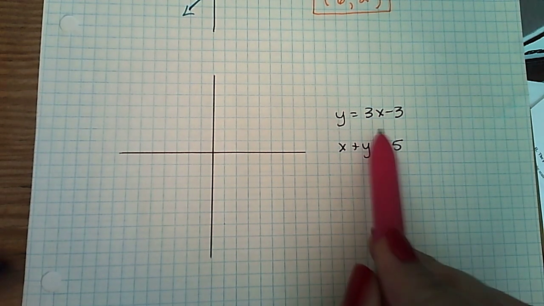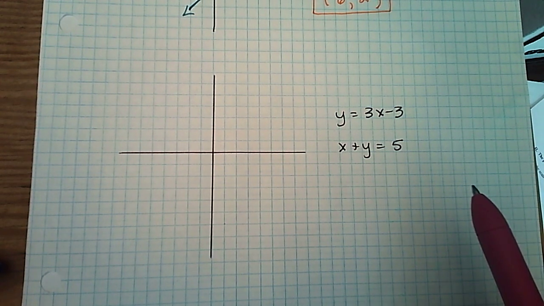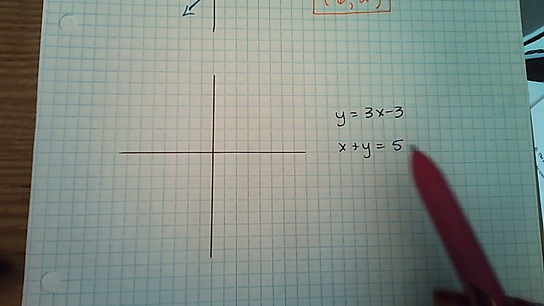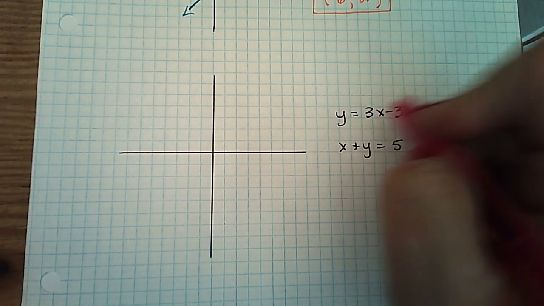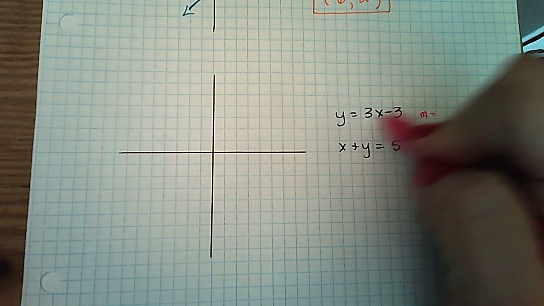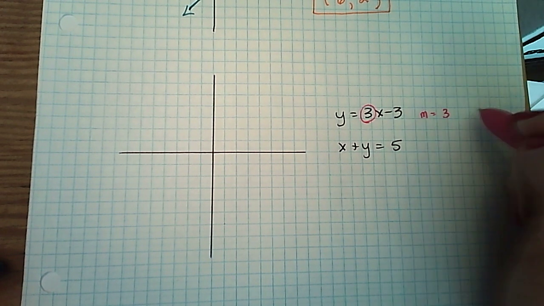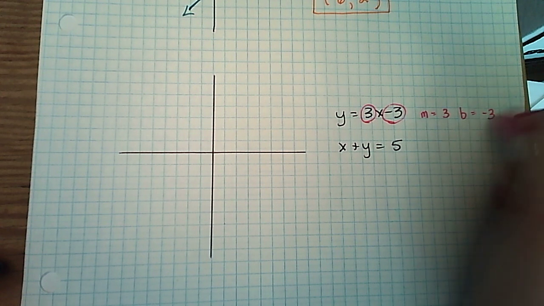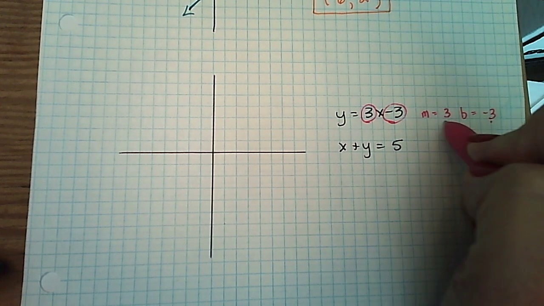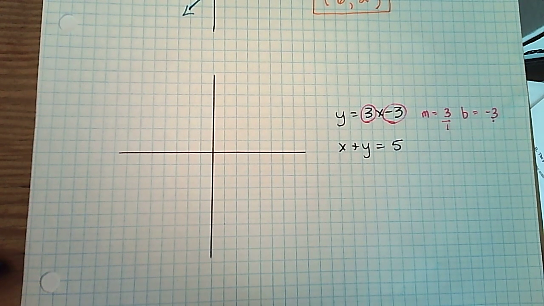I'm going to choose, for the first one, slope-intercept form, because it's already in slope-intercept form. My slope is in front of my x, it's 3, my intercept is what's at the end, negative 3.